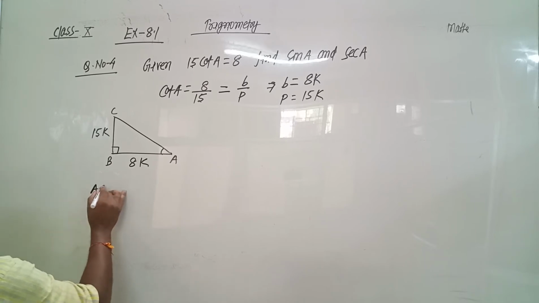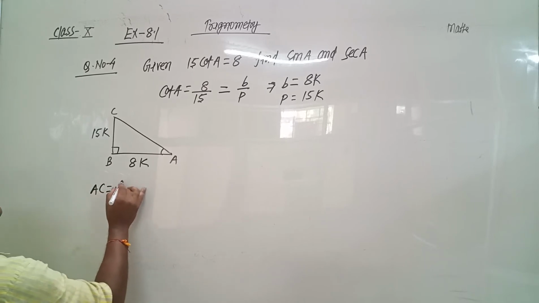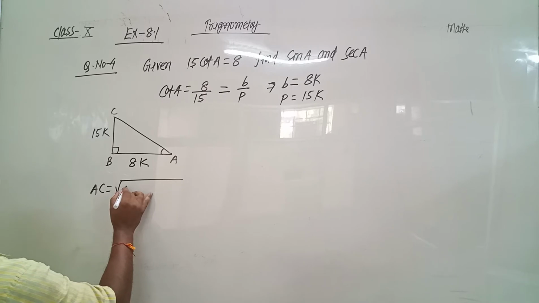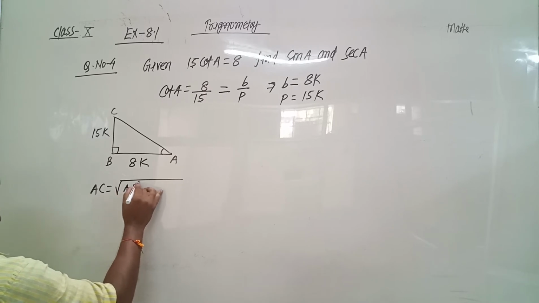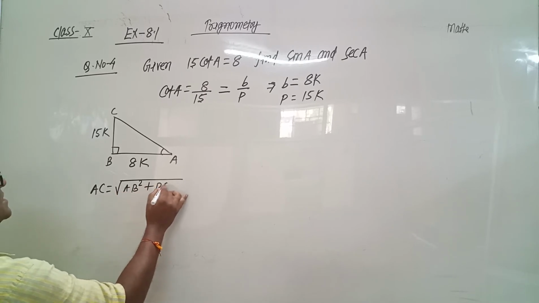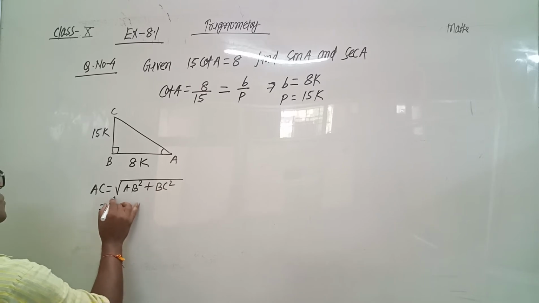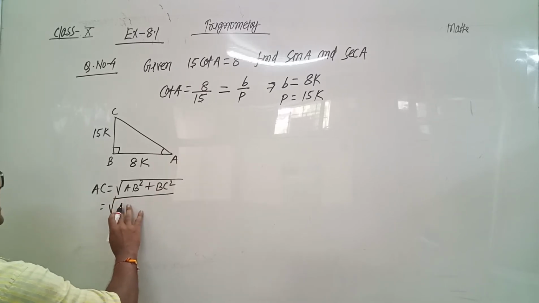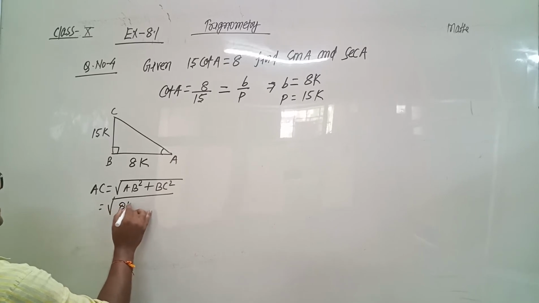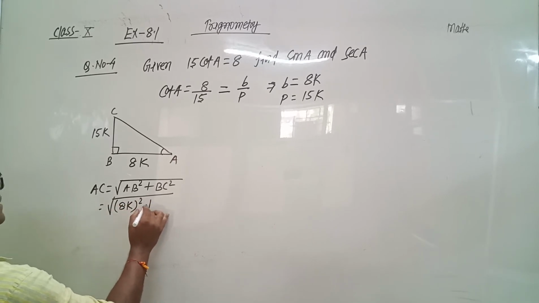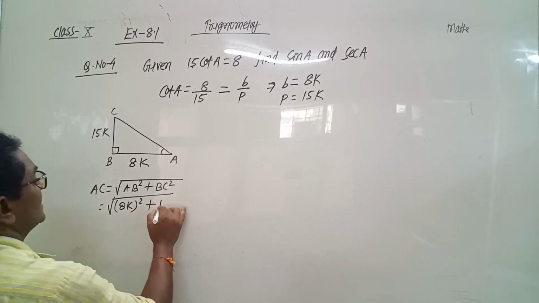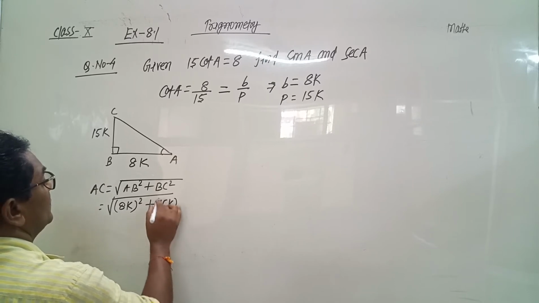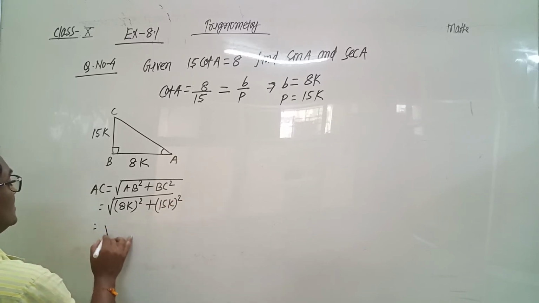The formula for finding hypotenuse: AC equals the square root of AB square plus BC square. The value of AB is 8K, so 8K the whole square, and the value of BC is 15K, so 15K the whole square.